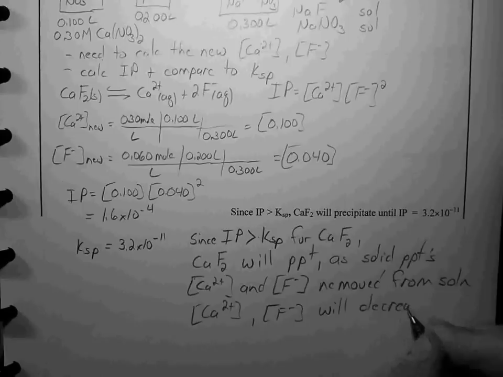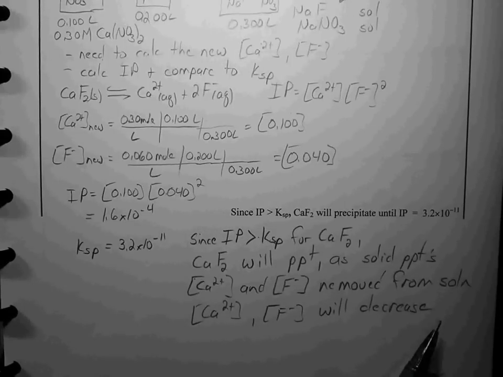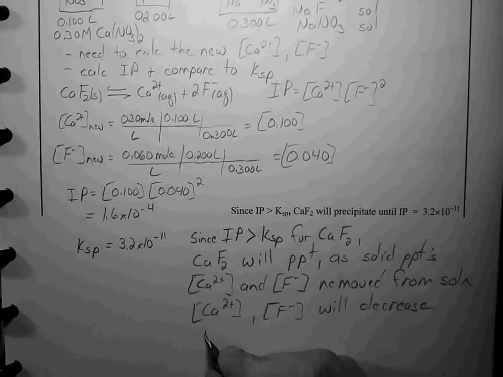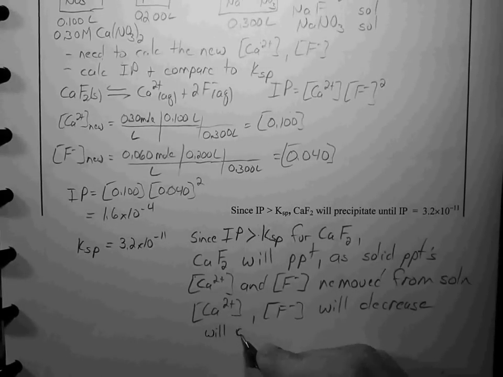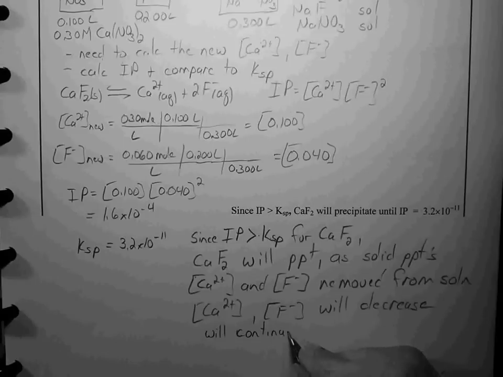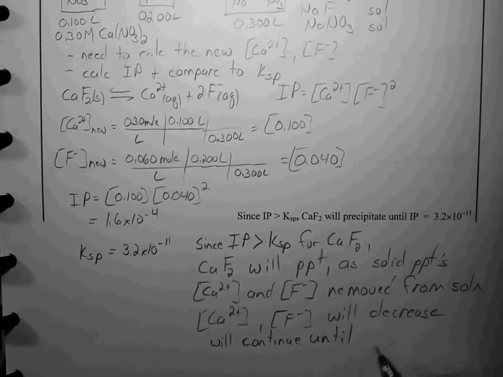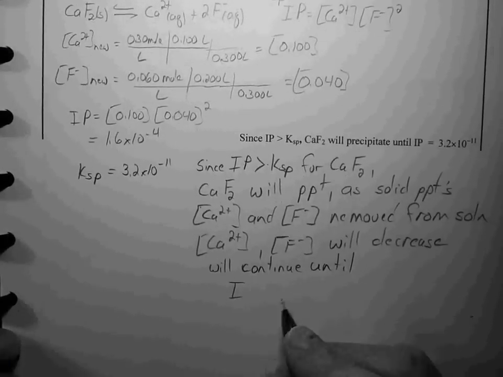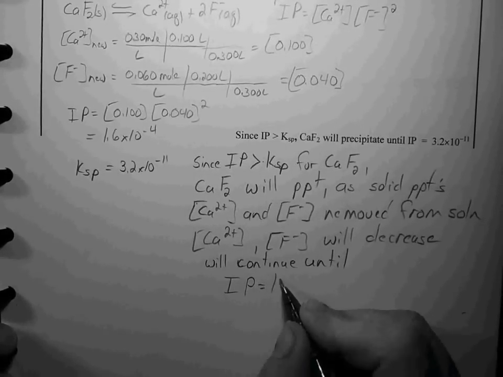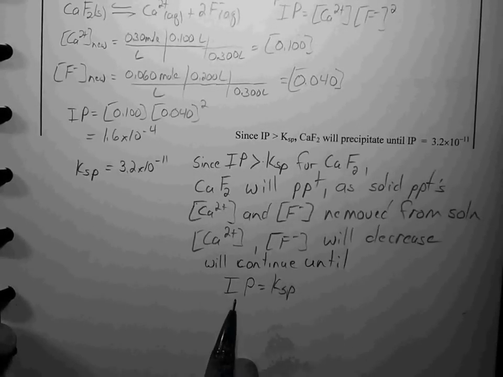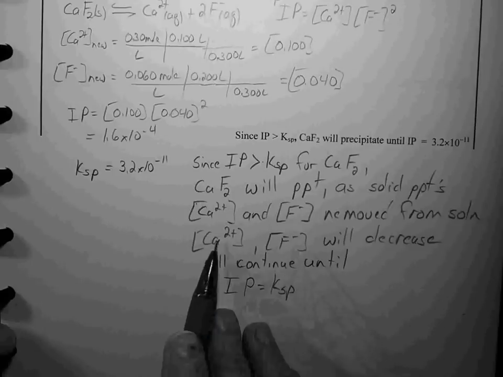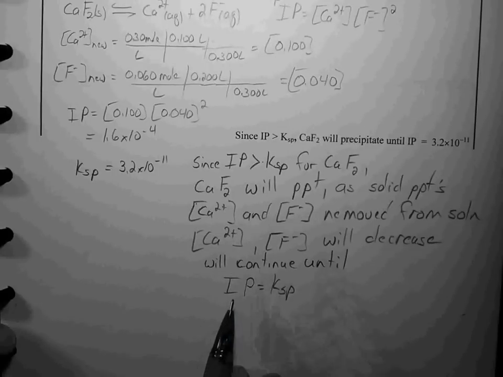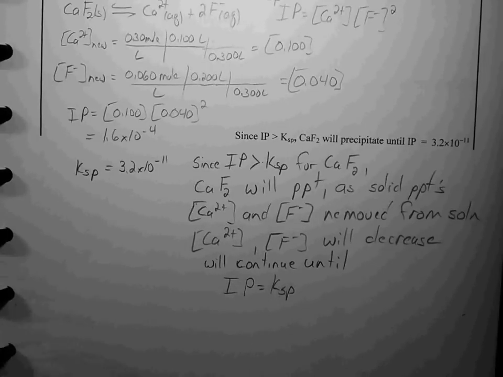And that process will continue, more solid being formed, the concentration of these ions decreasing. And that'll continue until we finally have the situation where IP is equal to KSP. The concentrations will be going down, they'll be getting smaller, and so IP is getting smaller. Eventually we'll reach a point where IP is equal to KSP, at which point the solid will stop precipitating.